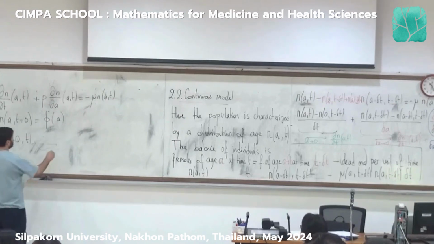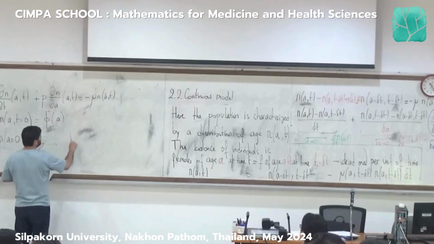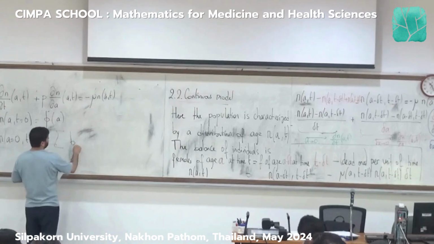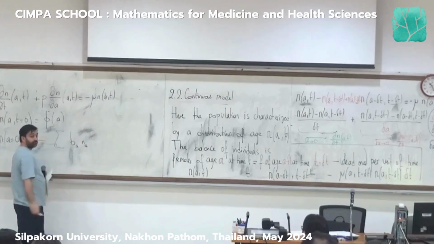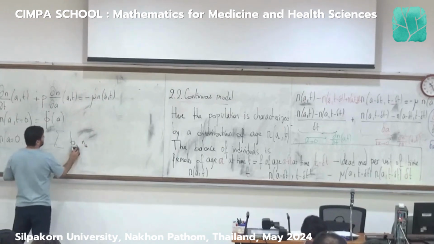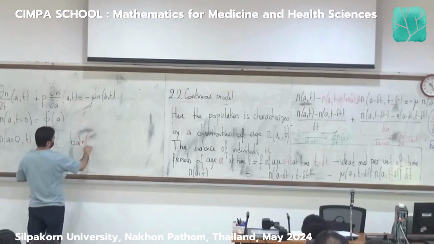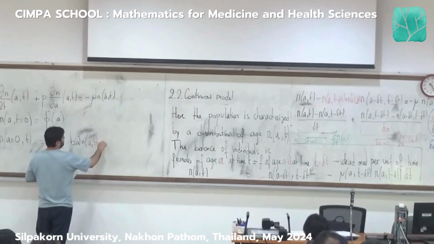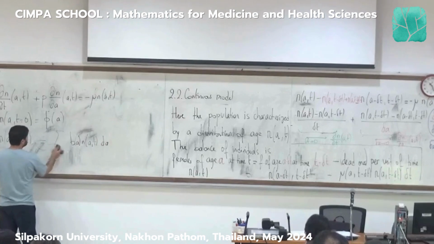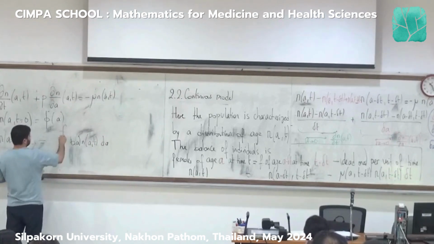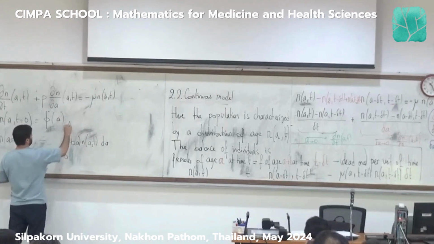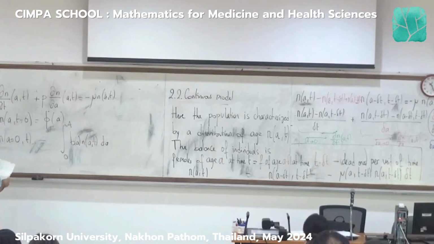What we have done before, we take the sum of the a, but now it's a function. So instead of having the sum, we have the integral from 0 to the maximum age. Okay, so we have this system to solve.